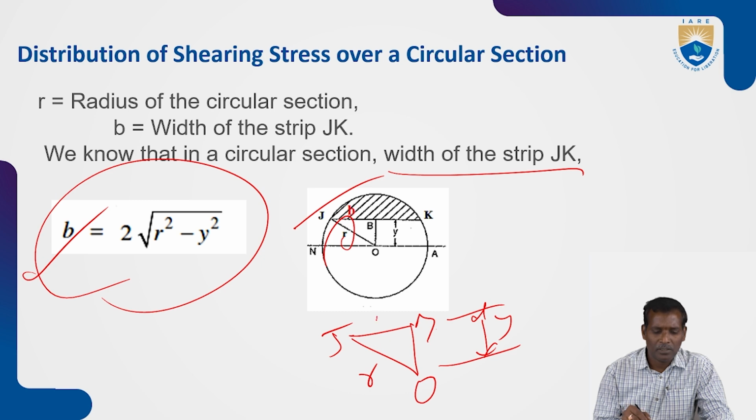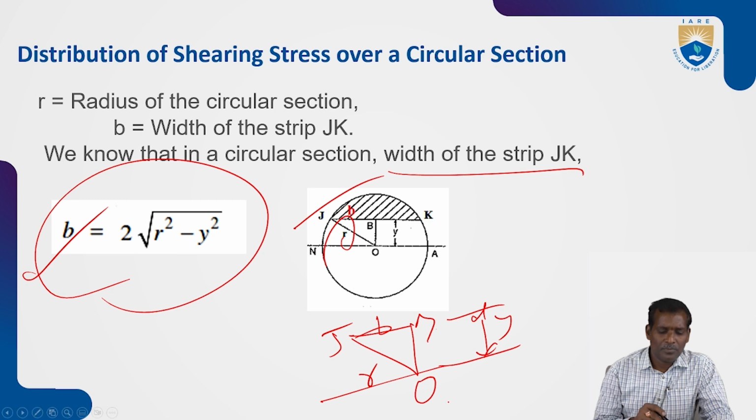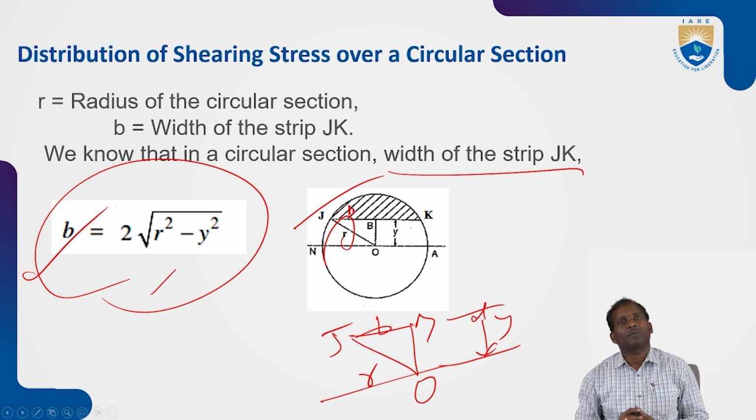You want the b. So b is equal to 2 square root of r square minus y square.